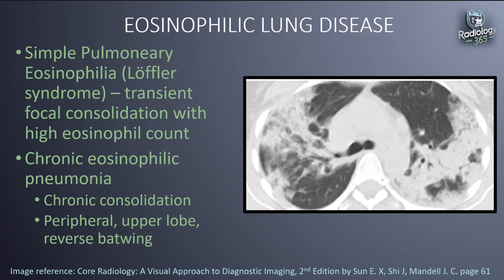Now, chronic eosinophilic pneumonia is an important consideration in the differential diagnosis of chronic consolidation. Chronic eosinophilic pneumonia causes extensive alveolar filling and interstitial infiltration with inflammatory eosinophils. Consolidation is patchy and peripheral with an upper lobe predominance, and this gives us the appearance of something we call the reverse bat wing configuration.